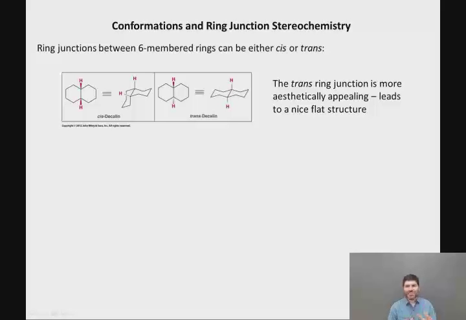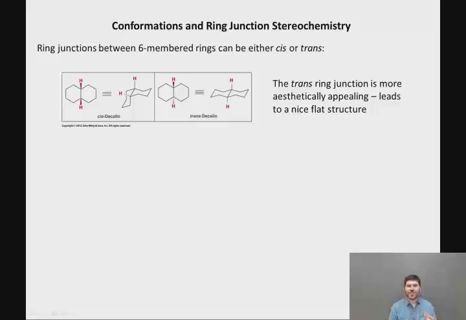And I'm just looking at that as a simpler example to show what I'm talking about. So between two 6-membered rings, you can either have a cis ring junction or a trans ring junction. So what that of course means is it's the question of whether the hydrogen atoms that are present at the ring junctions are cis to each other or trans to each other.